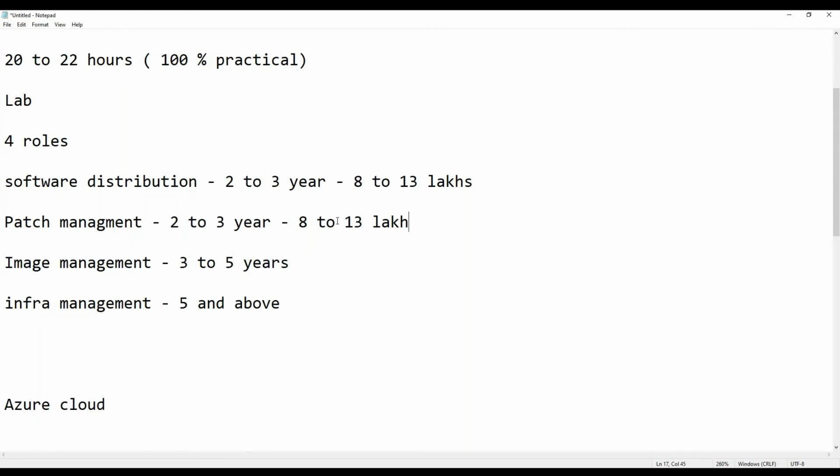For image management, it is at least 10 lakhs to 15 lakhs. And for infra management, it is 12 lakhs to 20 lakhs. If you're able to clear the interview, you can demand this much based on your experience.